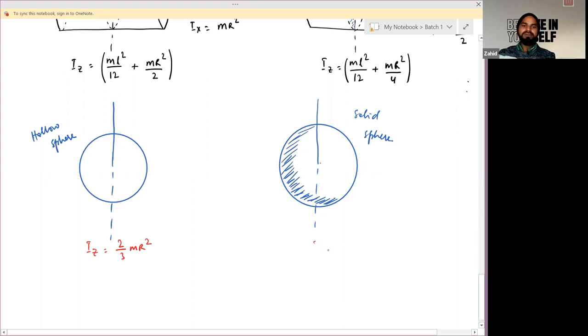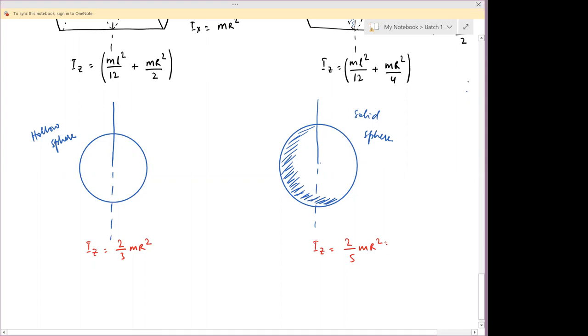And for a solid sphere, it will be 2 by 5 times m r square. Just write it down. Done, sir.